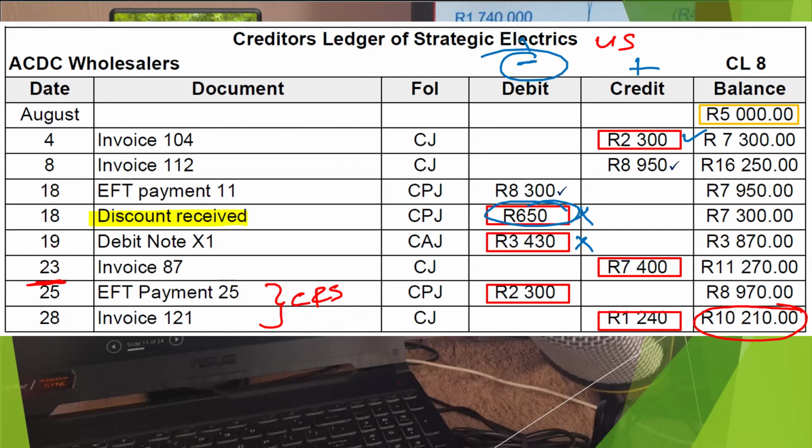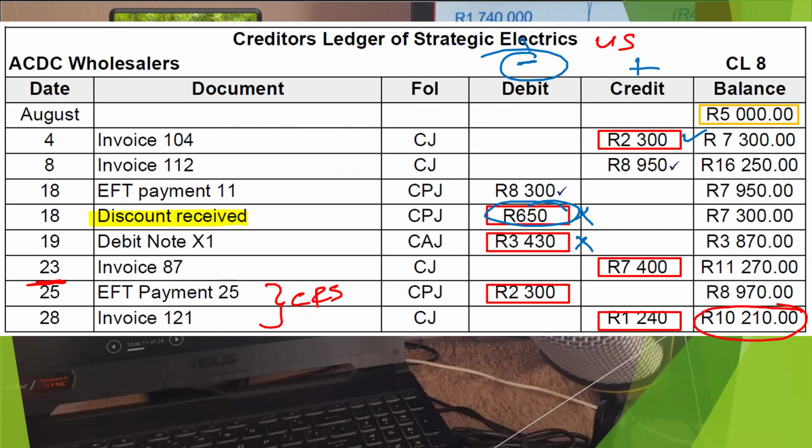Probably the goods were not of good quality or they're damaged or whatever the case is. It wasn't an error on the side of ACDC. So that is why they are simply rejecting everything else. They're only accepting 2,100 of the total returns. So we gave them a debit note of 3,430 and they said, nope, we will only accept 2,100 as a return of goods. The rest, it was your mistake, it's not ours.